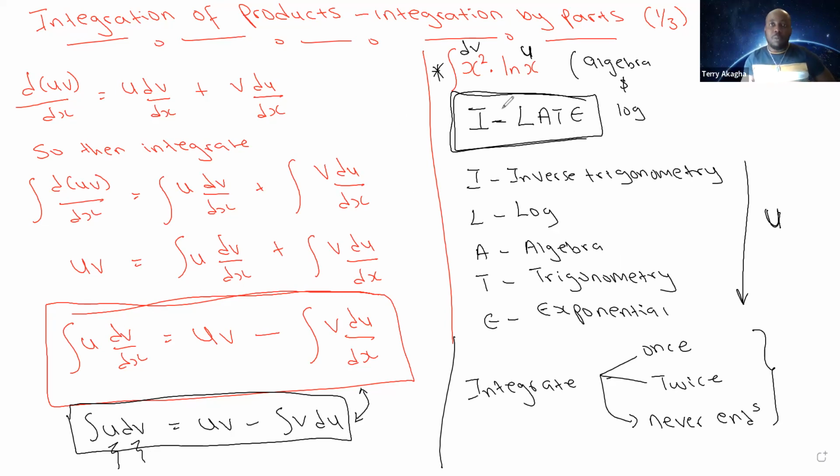The I stands for inverse trigonometry. The L stands for the logarithm. The A stands for the algebra. The T stands for trigonometry. And the E stands for the exponential. So in any example, the one that is higher in the ranking is going to be your U, and the other one is going to be your DV.